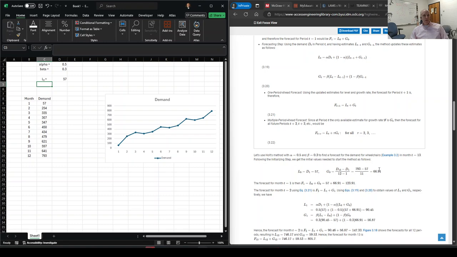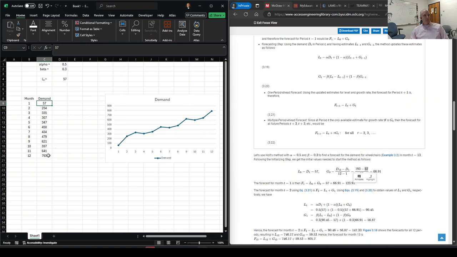Again, to follow along with the book, in addition to our base demand for level 0, we also need some kind of growth rate. Where do we start with our initial growth rate? This formula here gives us what that initial growth rate is. We're going to take the demand of the last month, which is 793, minus 57. 57 comes from the first month's demand.